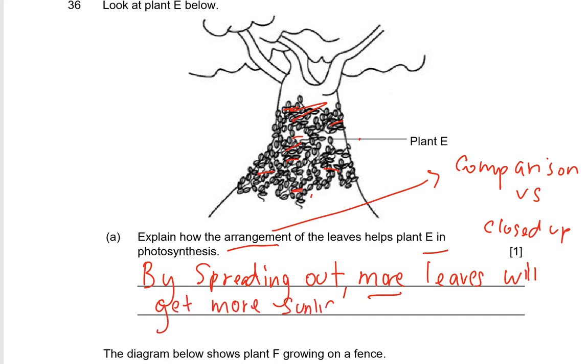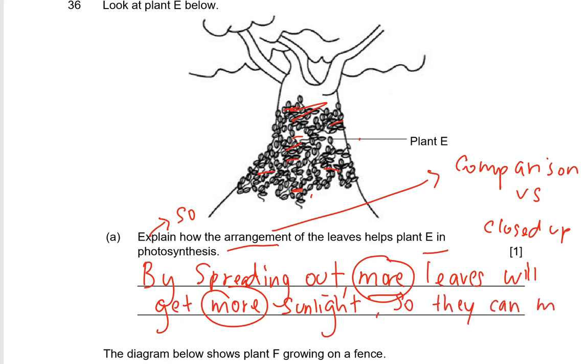So if you remember in class, I said that comparison words come in pairs, so more leaves will get more sunlight. And what is the purpose of sunlight? For photosynthesis. Okay, again, I should use the word connector so, because of explanation. So they can photosynthesize or they can make food. Okay, so 2 comparison words and the word so as a connector.